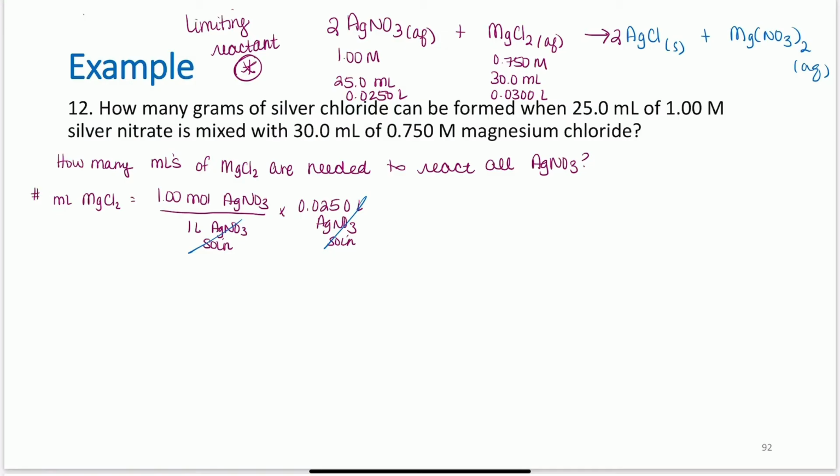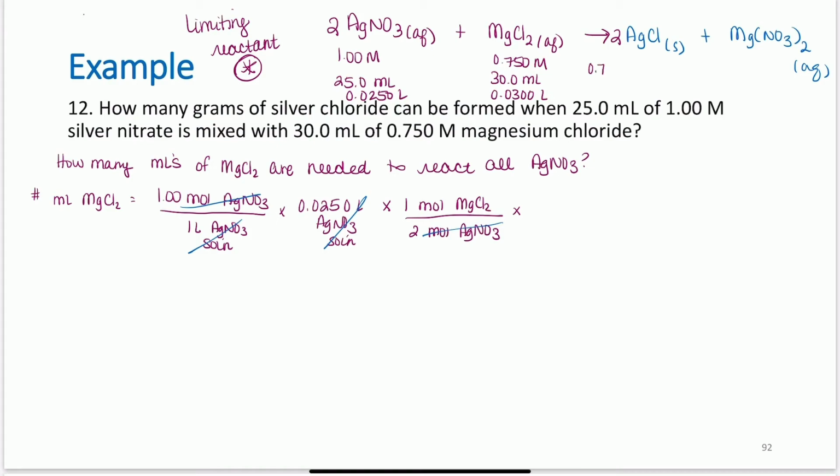Now that I have moles of silver nitrate, I can use my balanced equation to calculate moles of magnesium chloride. I see it takes 1 mole of magnesium chloride to react with 2 moles of silver nitrate. That's from my balanced equation. That cancels out my moles of silver nitrate. I now have moles of magnesium chloride. Now I'm going to use my molarity of magnesium chloride.